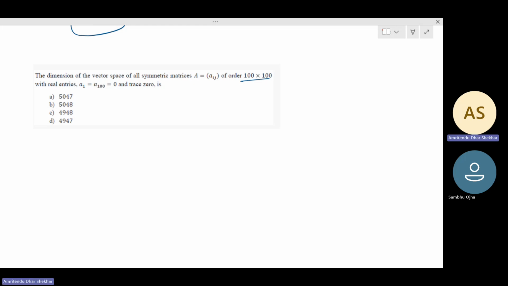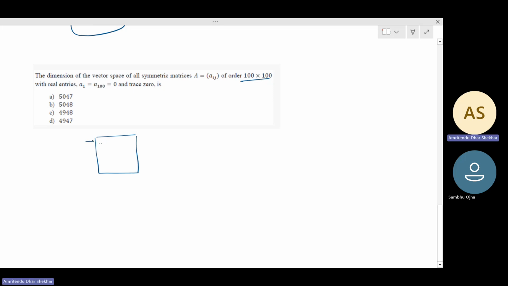The first condition is that the first row is 0 and the 100th row is also 0, and the trace is also 0. So the matrix looks something like this.